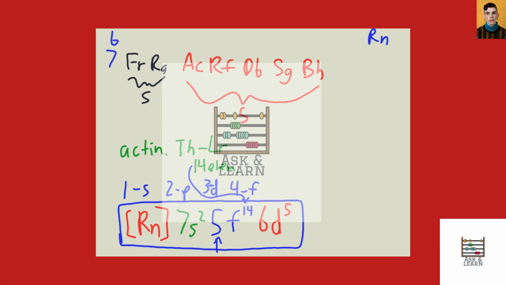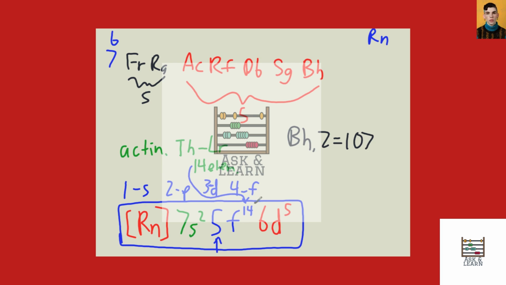We can verify this by counting up the number of electrons present, assuming that bohrium has not ionized, which the problem does not give us any indication that it has. And if we add everything up, it should add up to the atomic number of bohrium, which again is 107.